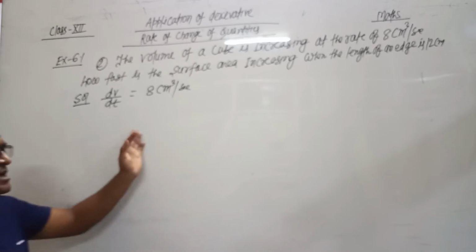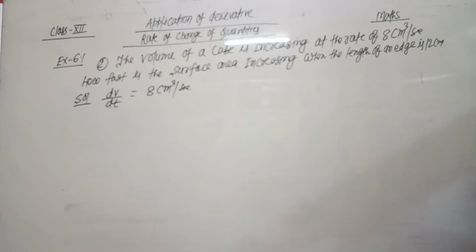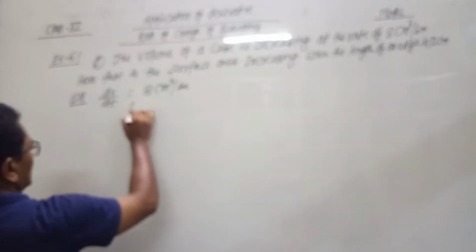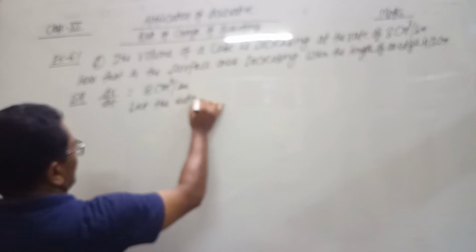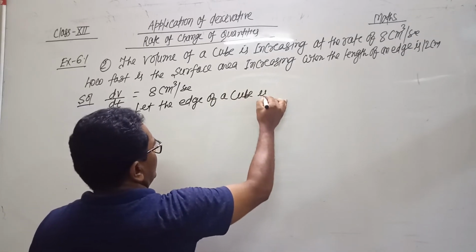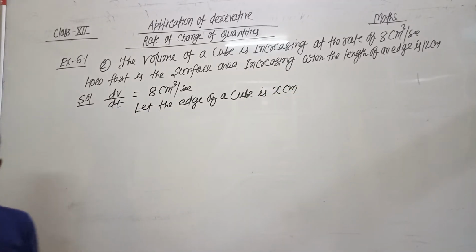So firstly we use the formula for the volume of a cube, and let the edge of a cube be x centimeter.